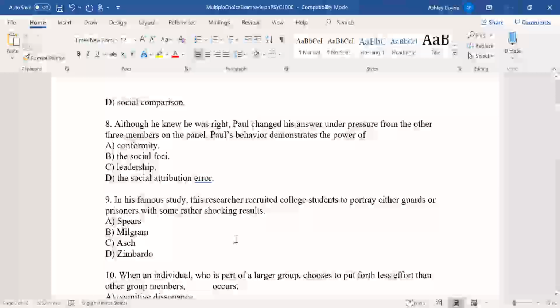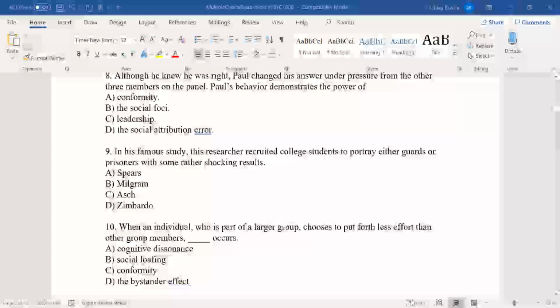B, Stanley Milgram, he ran the electric shock experiment. Are you guys familiar with that one? Okay, so Milgram did obedience.